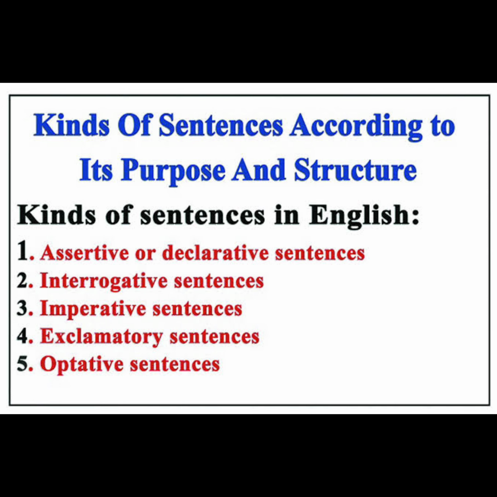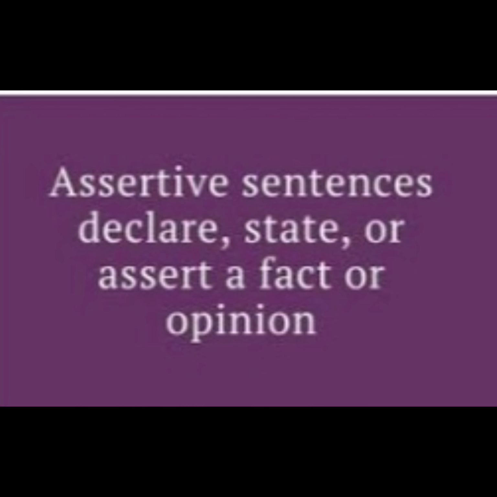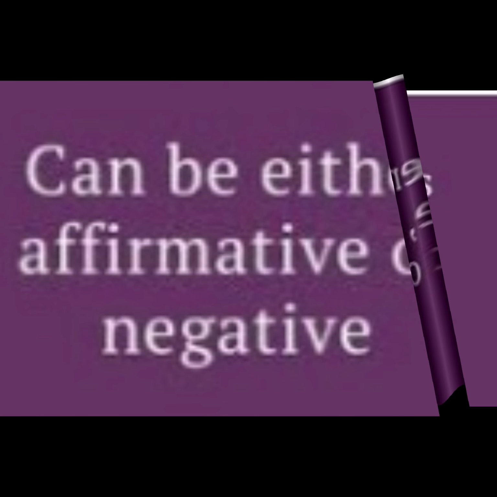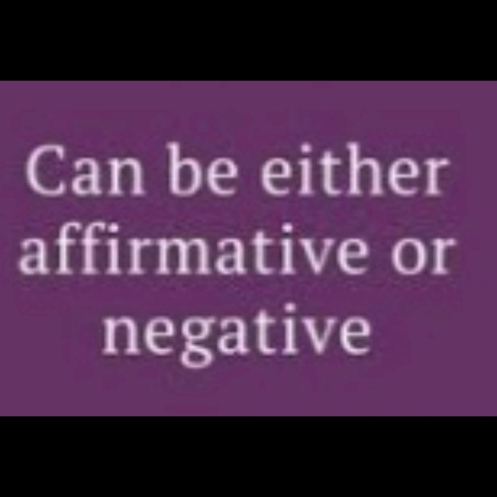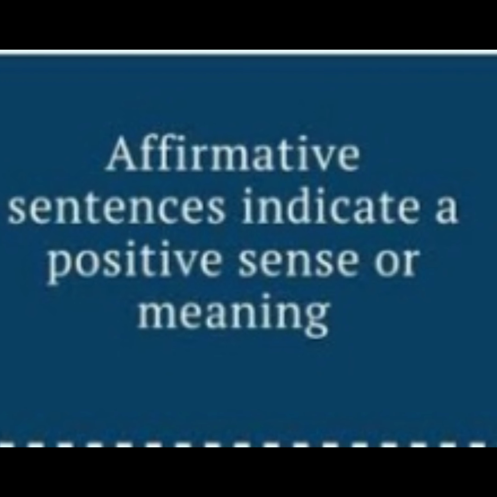So the first one is assertive or declarative sentence. A sentence that states, asserts, or declares something is called an assertive or declarative sentence. It can be classified into affirmative and negative sentences.